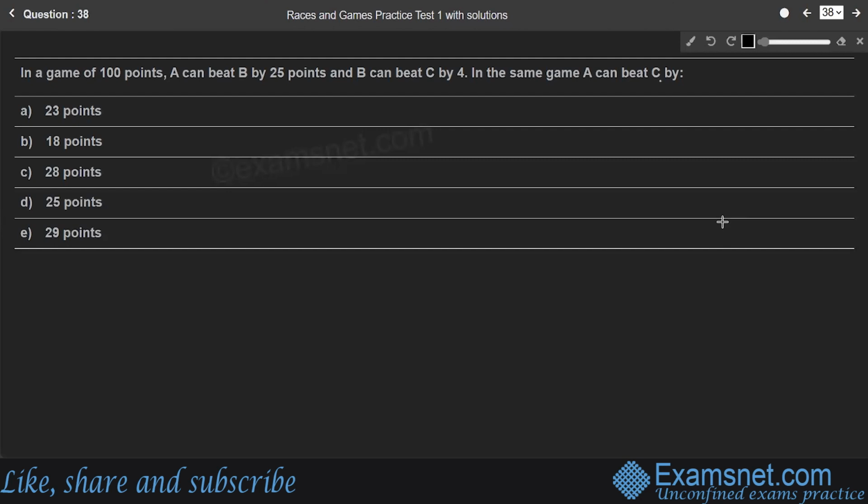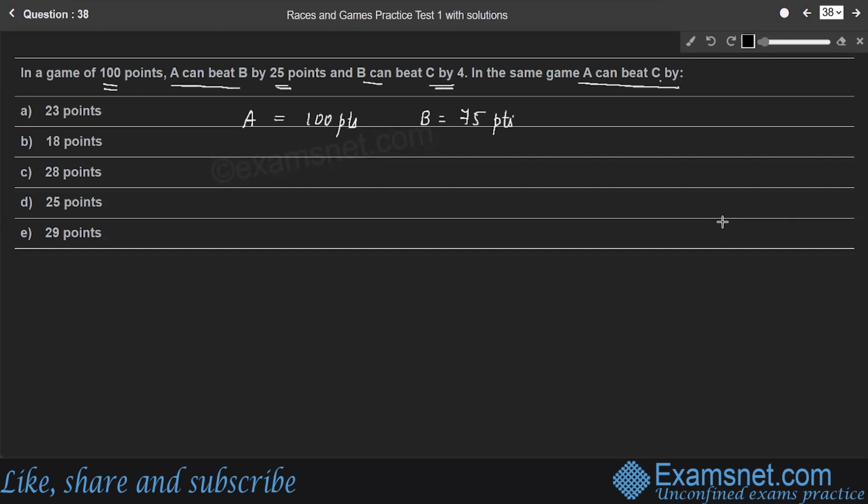Question 38. In a game of 100 points, A can beat B by 25 points and B can beat C by 4 points. In the same game, A can beat C by. So here in a game of 100 points, A beats B by 25 points means, if A gets 100 points, B's points will be 100 minus 25, so B's points are 75 points.